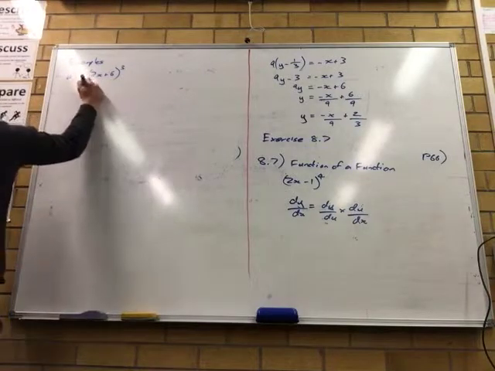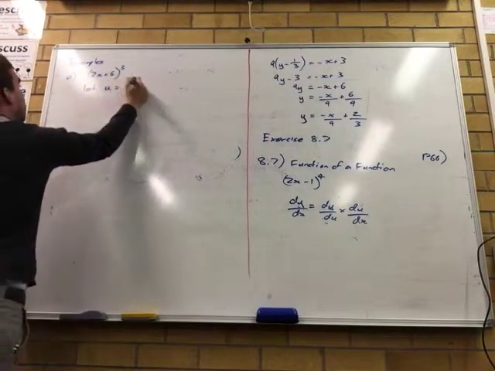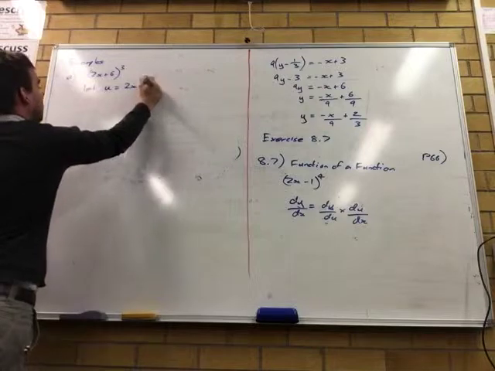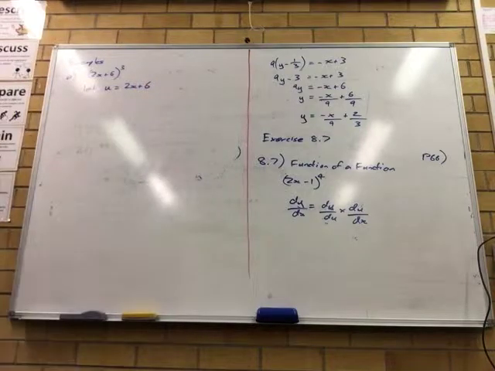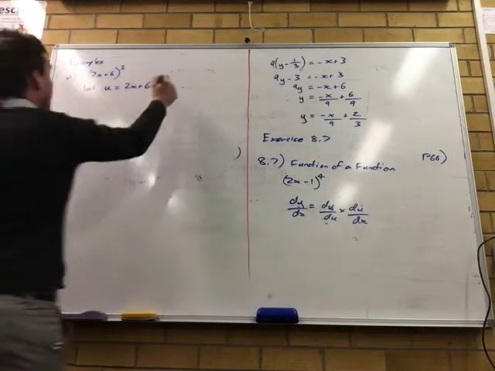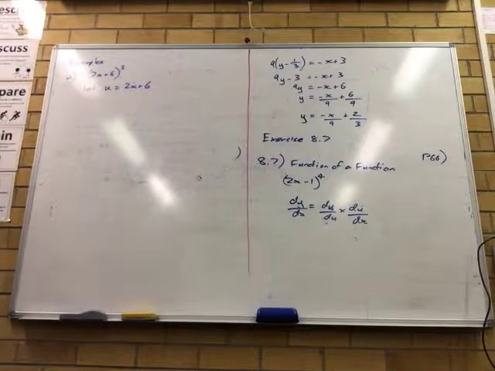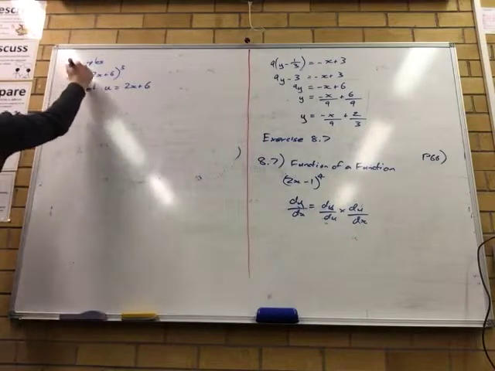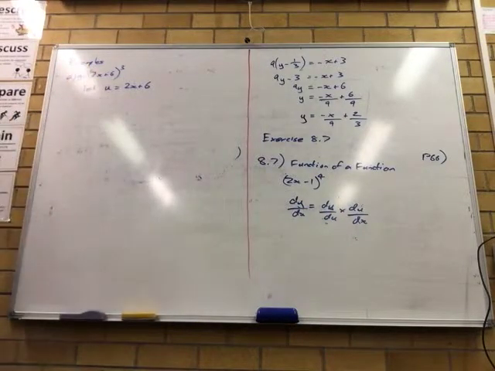So, let u equal 2x + 6. Whatever is inside the bracket, I'll set to the variable u. Let's put y equals out the front of the question.